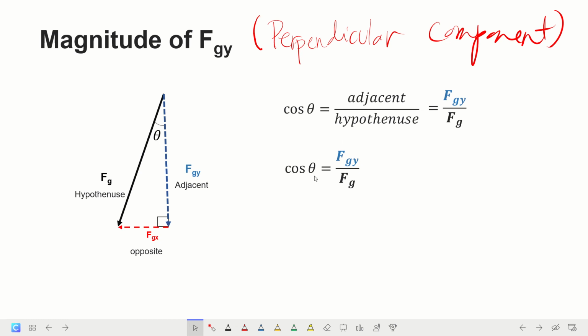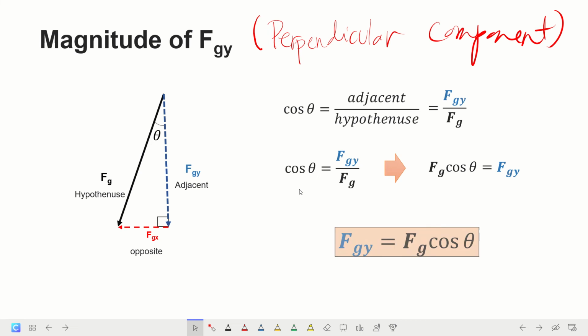Since we were looking for the value of F_g of y, we cross multiply so that we get F_g cosine theta equals F_g of y. Rearranging this, this is now the equation that will help us solve for the value of the perpendicular component of the force due to gravity.